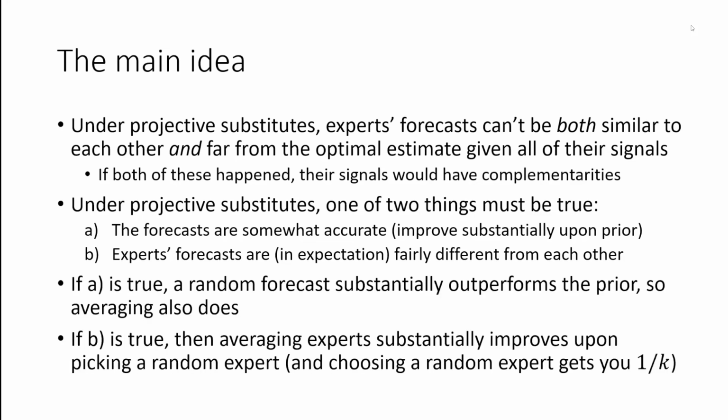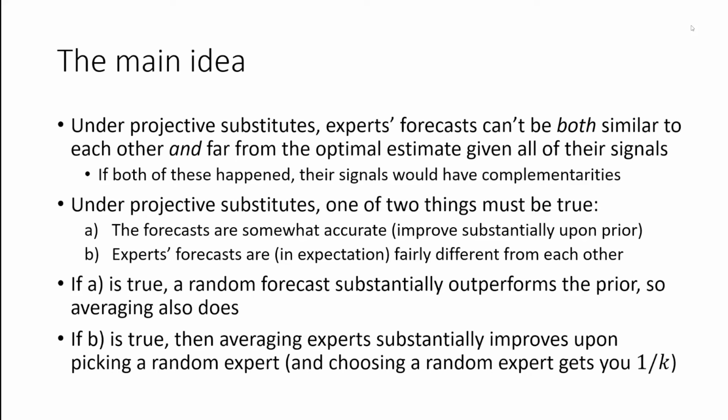So in case A, a random forecast substantially outperforms the prior. And it turns out that averaging always outperforms a randomly chosen forecaster. And so what this means is that, sort of by definition, averaging gets a pretty good approximation guarantee.